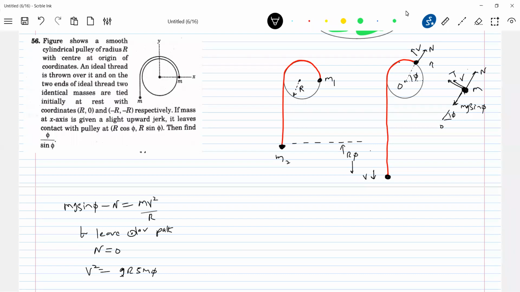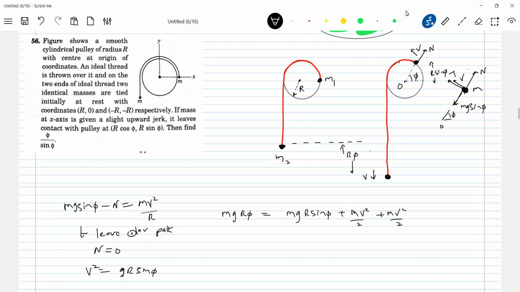Height will be R sin phi. So write the conservation of energy. Decrease in potential energy, mg R phi, is equal to mg R sin phi plus mv square by 2 plus mv square by 2. Substitute the value of v square here. Solve for it, you'll get the required answer.